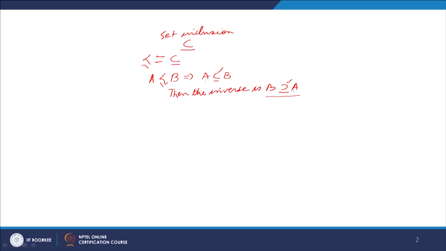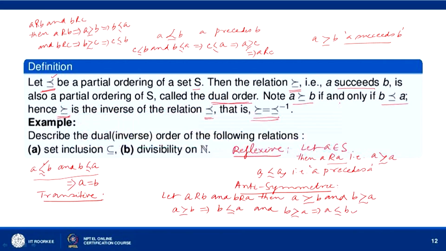B contains A. So, this notation is the inverse of this.